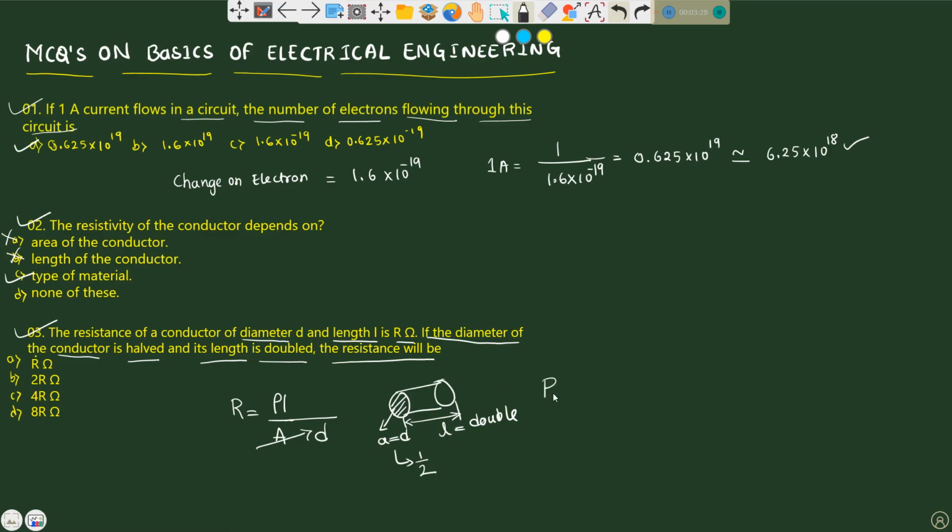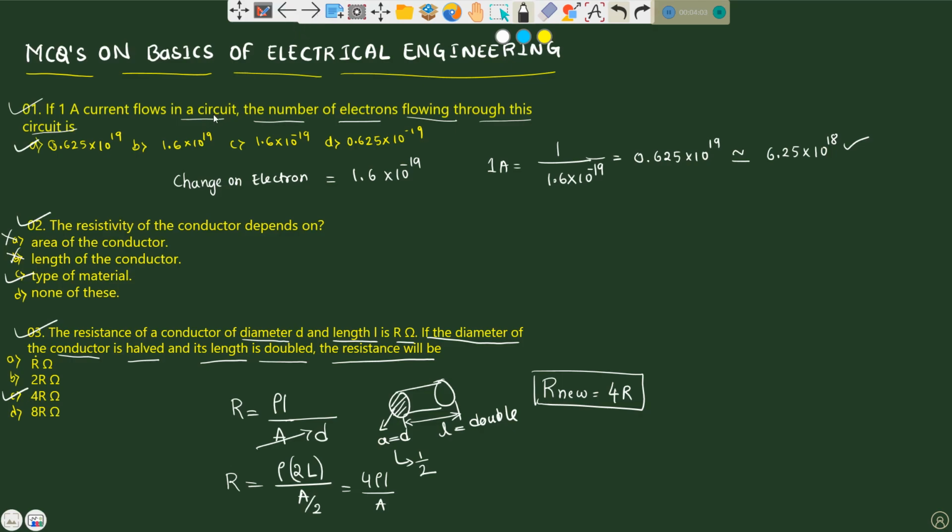That means our R new will be, first let me write here: length is doubled, 2L, then area is halved or diameter is halved. So this 2 goes to the numerator, then it will become 4 times rho L by A. So your R new will be 4 times the actual resistance. So the answer is C, that is 4 times the actual resistance.